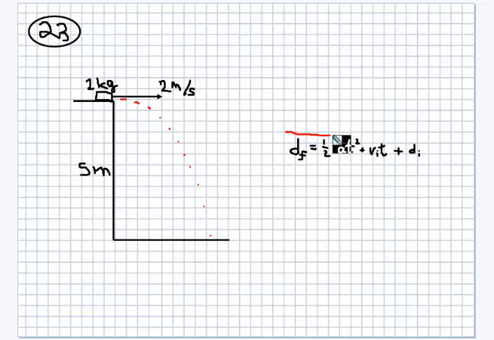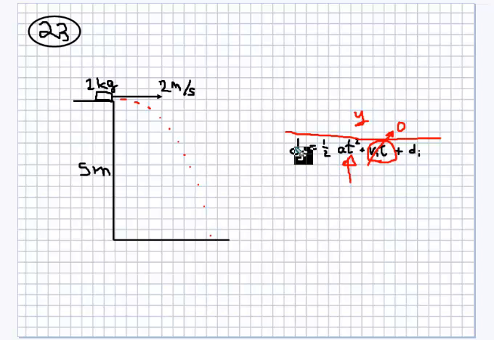So in our y equation of motion, this term right here, the middle term, will go away. There is no starting y velocity. It's purely x. And we're attempting to figure out how much time it takes, t, to get to the ground.